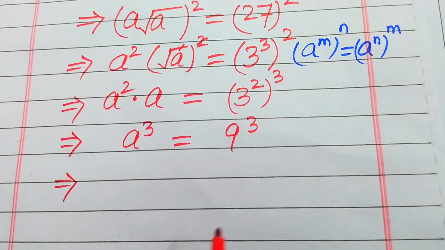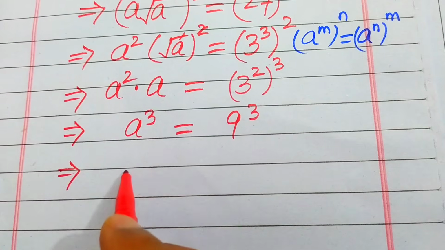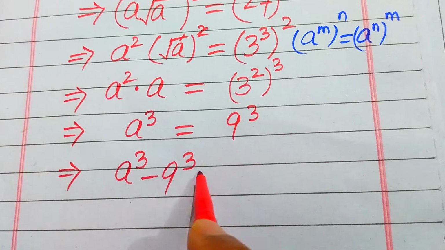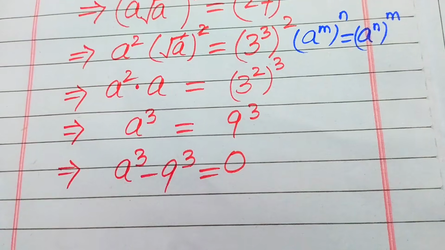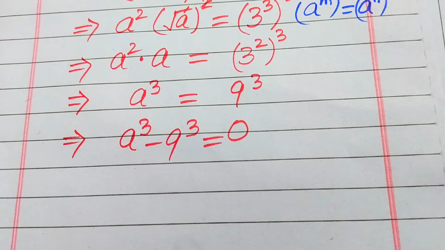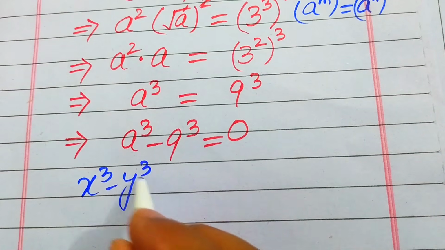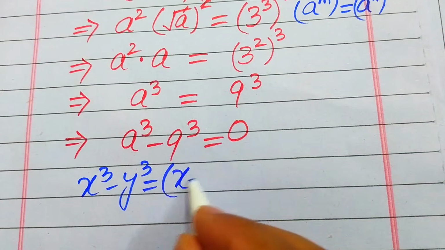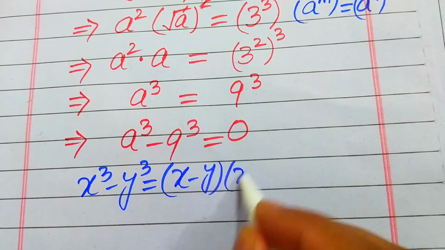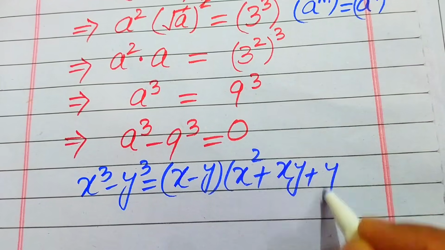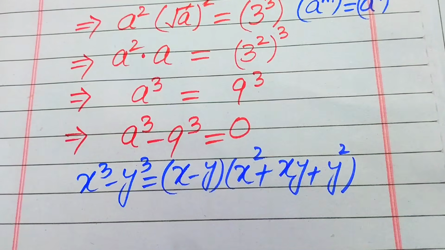In the next step we move 9 cubed from the right hand side to the left hand side, and it becomes a cubed minus 9 cubed, and this whole equation equals 0. So here we apply the nice cubic formula. You know that x cubed minus y cubed equals (x minus y) times (x squared plus xy plus y squared).